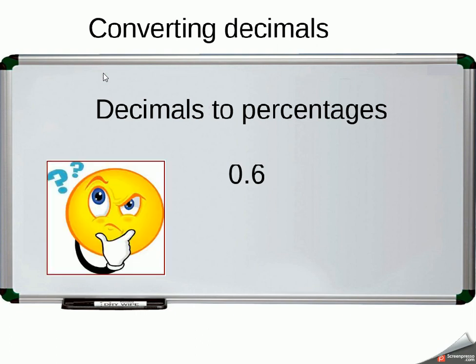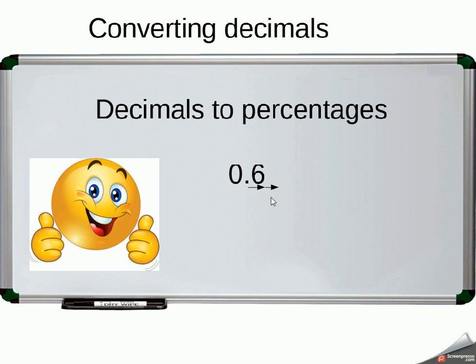Another thing that catches people out is when the number is something like 0.6, because to the right of the 6 here is an invisible 0. Remember, we never put in zeros that are past the last number that is 1 or higher. So there is an endless line of zeros here that people forget about. So when they're thinking of moving the decimal point, they think that this should be 6%.